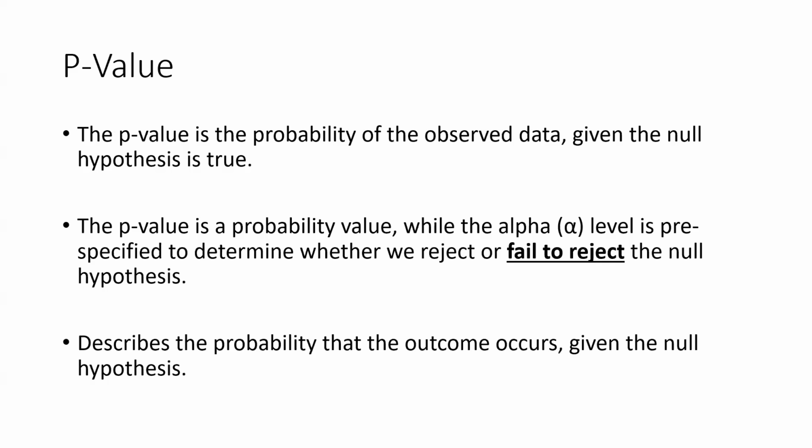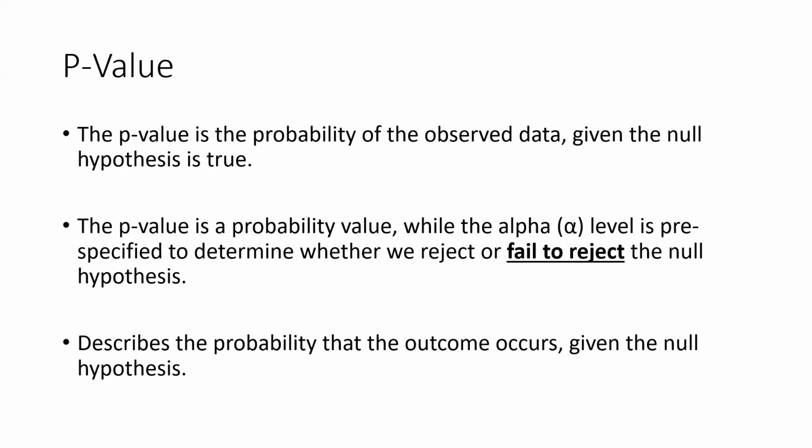So the definition of p-value. The p-value is the probability of the observed data given the null hypothesis is true. The p-value is a probability value, while the alpha level is pre-specified to determine whether we reject or fail to reject the null hypothesis.